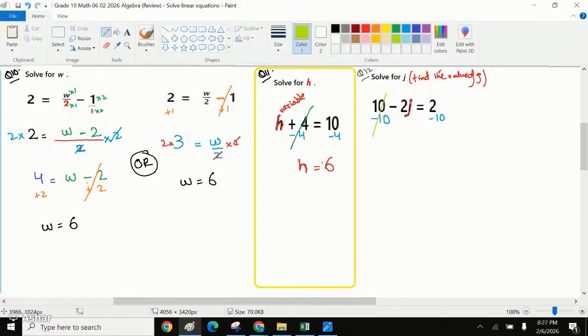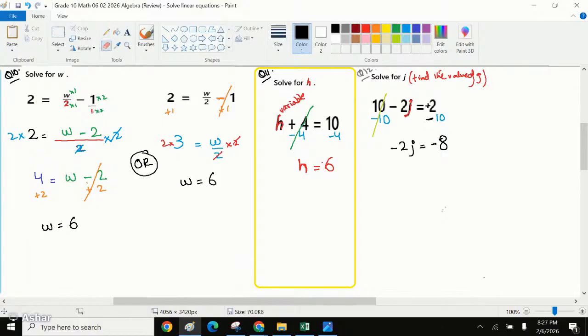Plus 10 and minus 10 would be 0. So what we are left with is minus 2j. And what should be the answer for this? Plus 2 and minus 10. 10 is a bigger number, right? 10 minus 2 is 8. And the sign of the bigger number is always carried. That becomes negative 8, right?